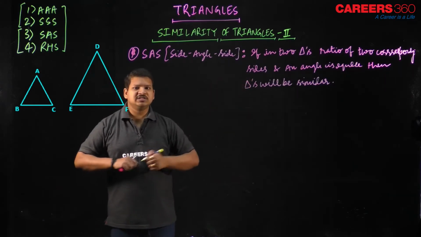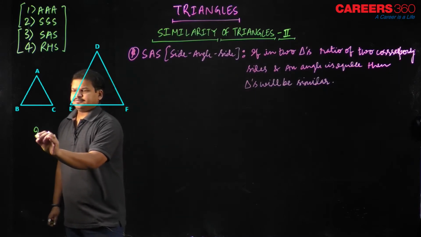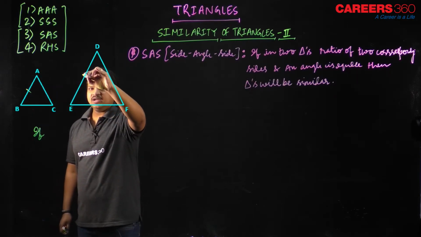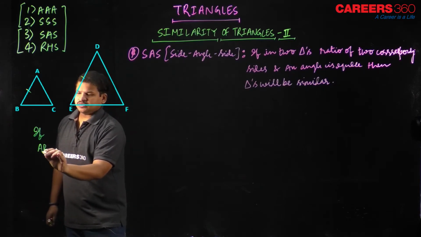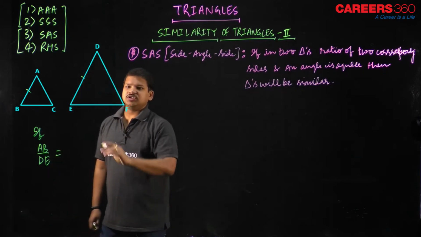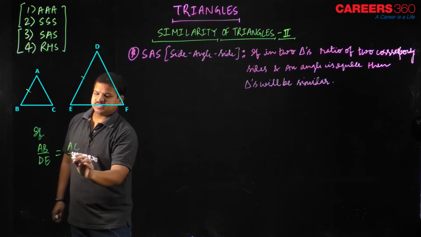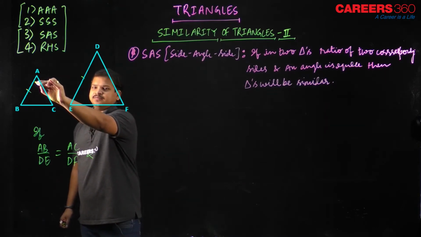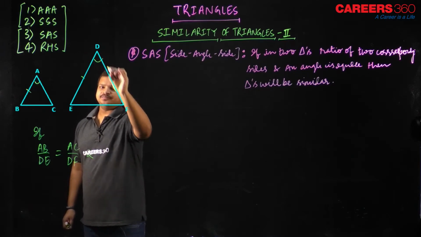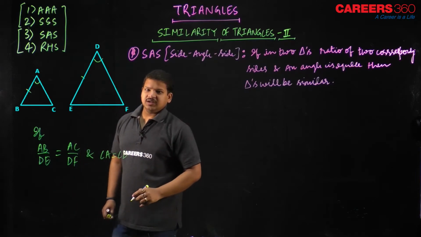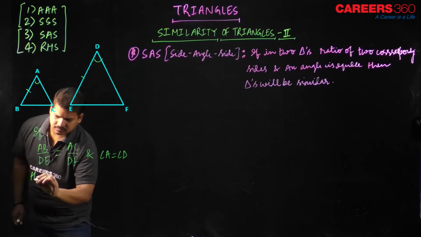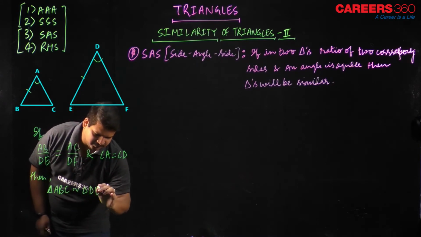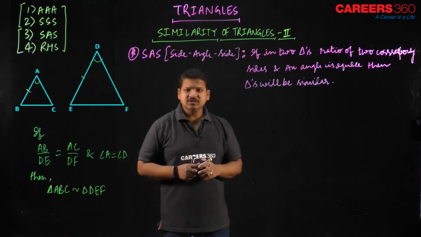As per this side angle side theorem, if in these two triangles the ratio of corresponding sides, AB upon DE, is equal to AC upon DF, and angle A is equal to angle D, then triangle ABC is similar to triangle DEF. I hope it is clear to you.